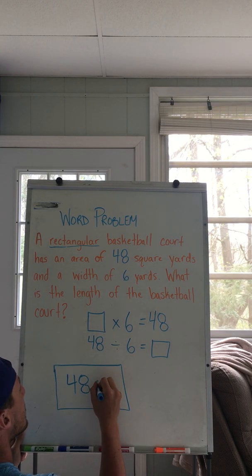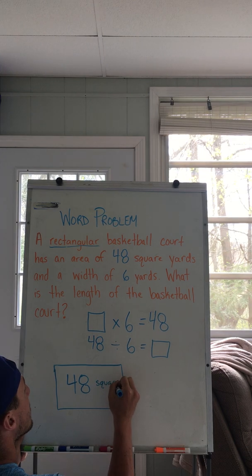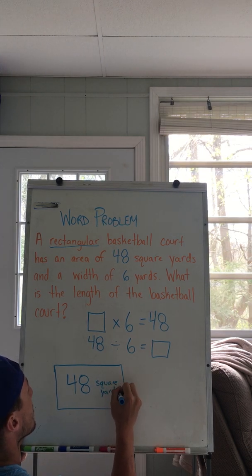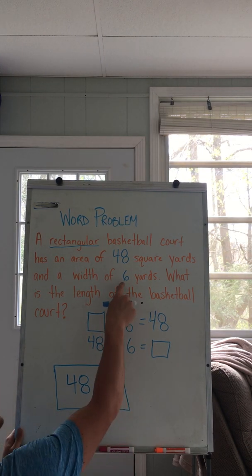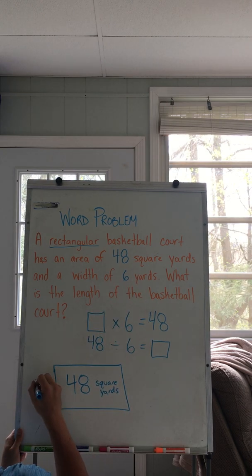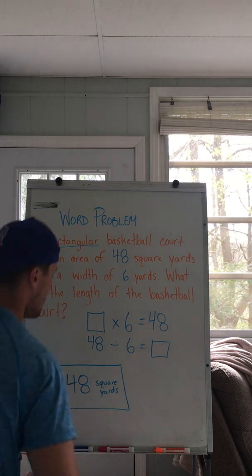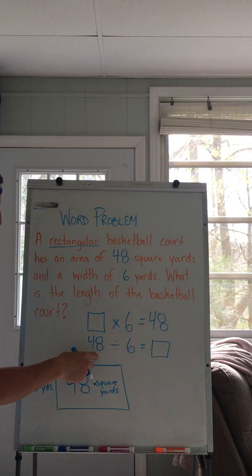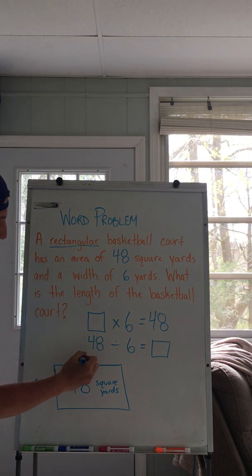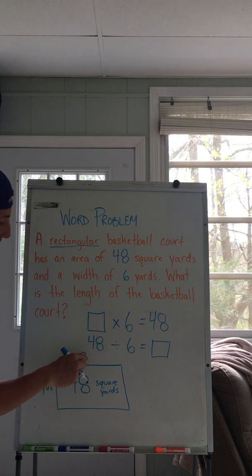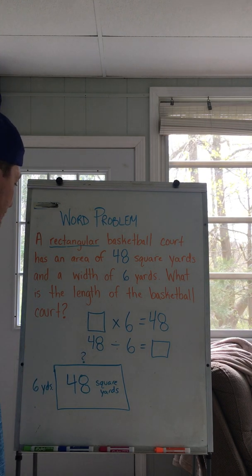48 square yards. And I know that my width is 6. So I'm going to label this side as 6 yards. Cool. So now I just need to know what number would go here. Let's see.